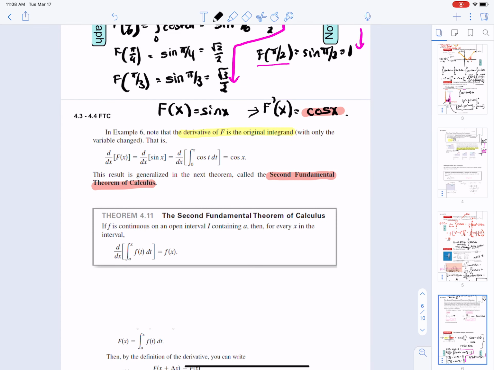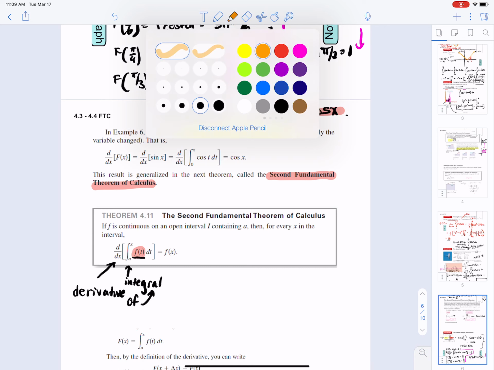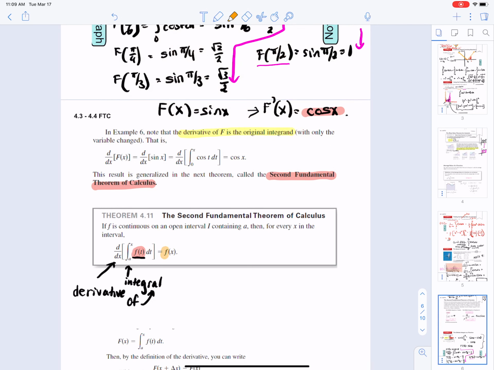So what the second fundamental theorem tells us is that if I have an integral that I'm interested in calculating, but I'm also doing the derivative of an integral, then we take this f of t, we don't antiderivative it, we don't derivative it, we just literally take that function and replace the argument of that function with the x, which is represented from here.